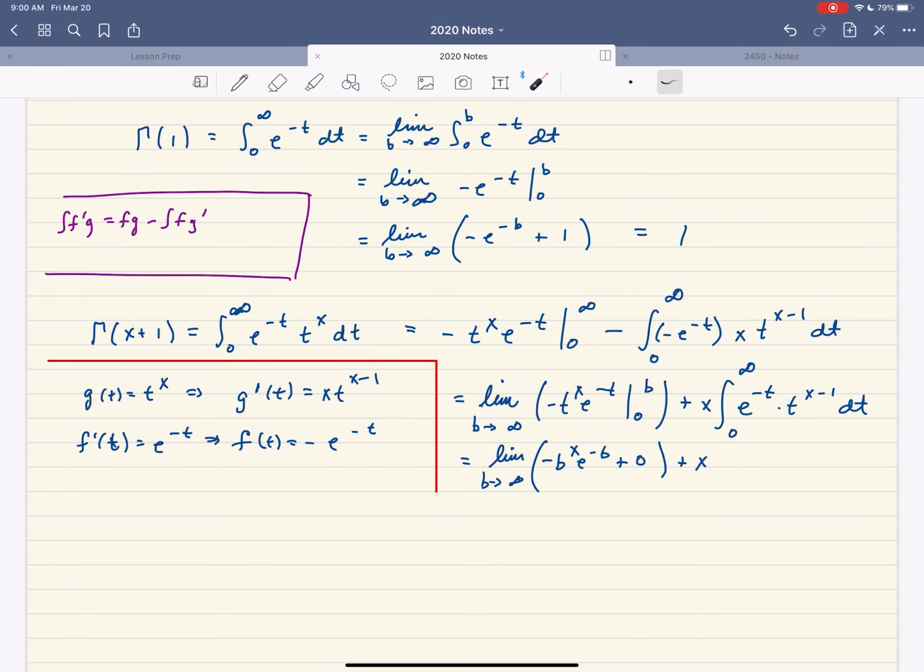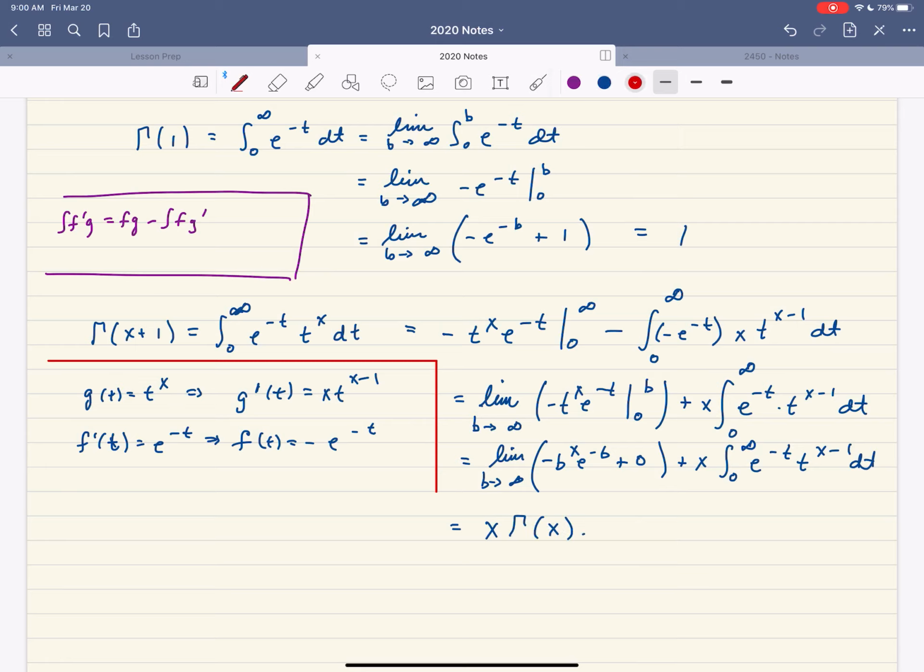And so this first limit is going to be 0. And then the last thing that we have to do is just recognize what this integral is. It turns out that that integral is just gamma of x.